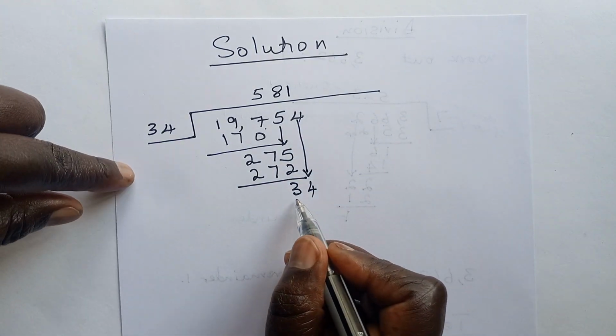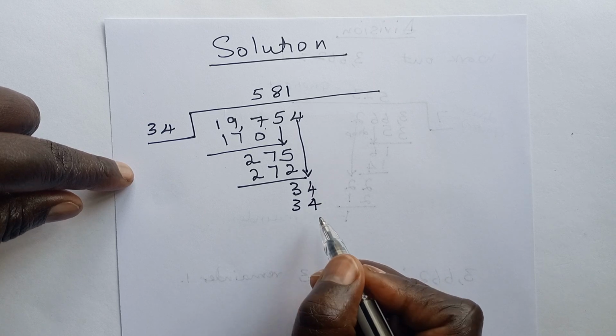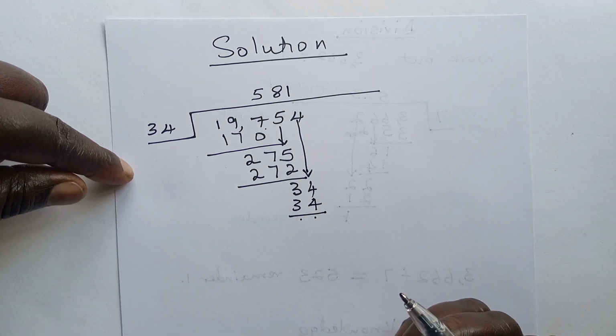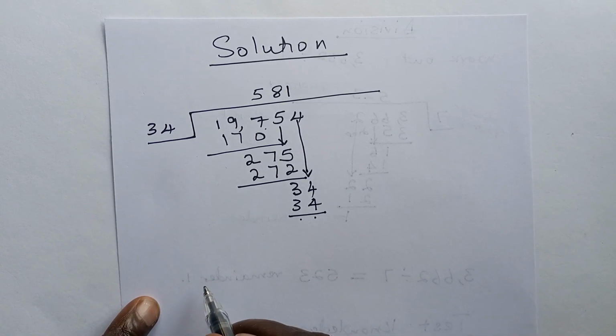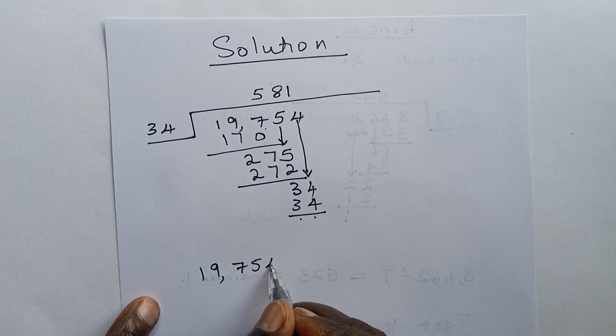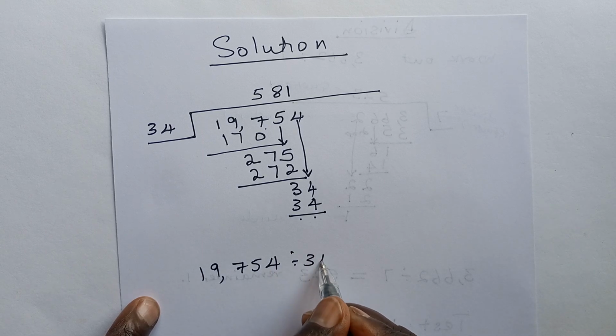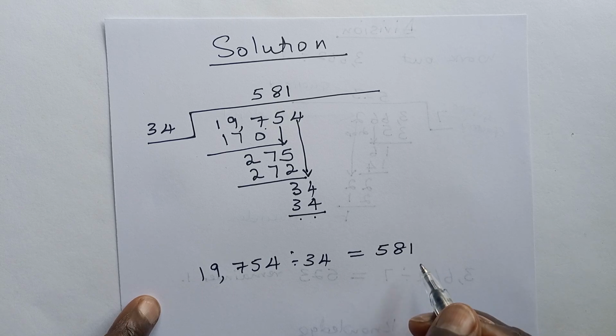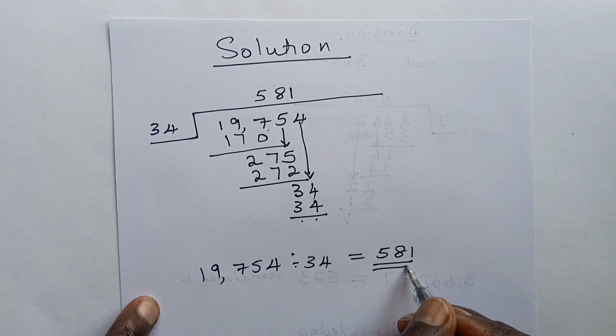Multiply 1 by 34, you get 34. When you subtract, you get nothing, so your answer therefore will be: 19,754 divided by 34 gives us 581. Hope you got it correct.